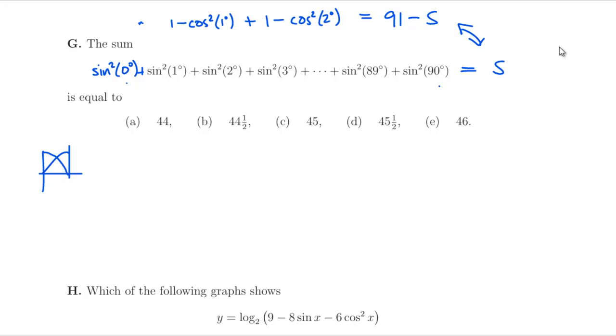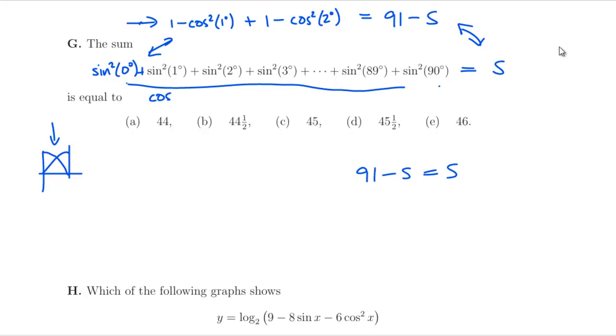Yeah, so this sequence, if I just write that they've given us just in sines, must be exactly the same if we replaced it with coses, because of how the graphs look. You know, sine is just cos shifted off to the side. So we're going to get exactly the same sum. And it's also going to be equal to this, because that's our identity between sine squared and cos squared. Yeah, so these things are going to be the same. We're saying that 91 minus S is equal to S.